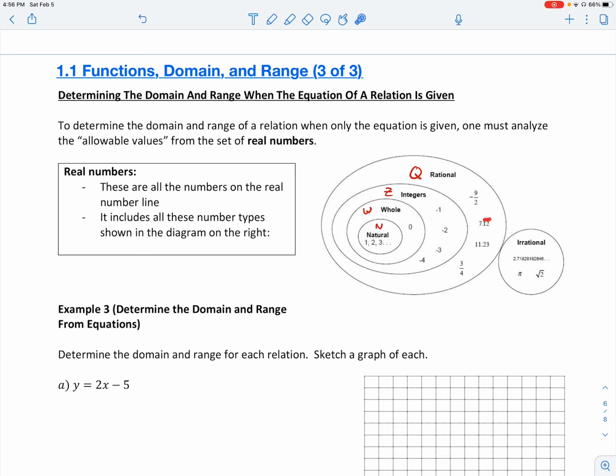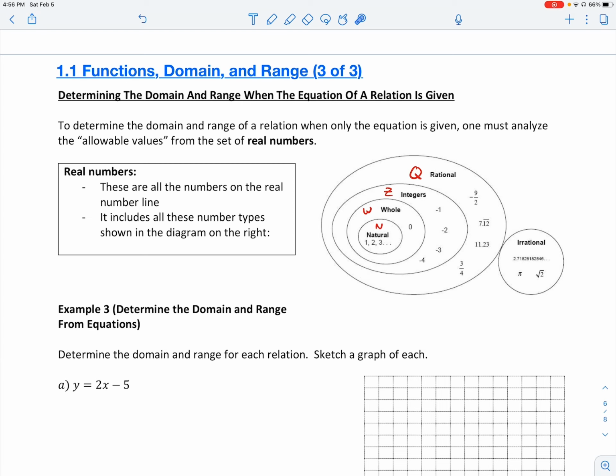So that little line there means it keeps repeating 1, 2, 1, 2 afterwards. We also have decimal numbers that do terminate, like 11.23, that can be written as a fraction. And we have numbers like 3/4 as well. So what I do want to mention is that this number 7.12 keeps repeating forever and ever, whereas some of these actually terminate. Either way, they're both part of the rational number system.